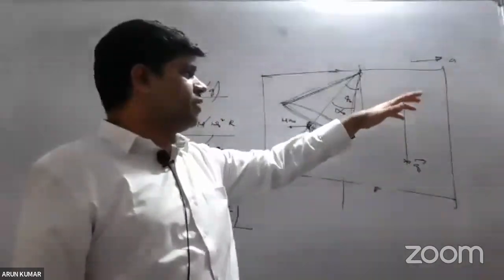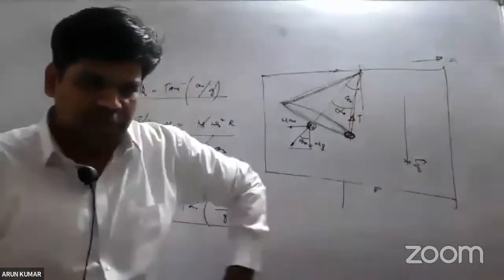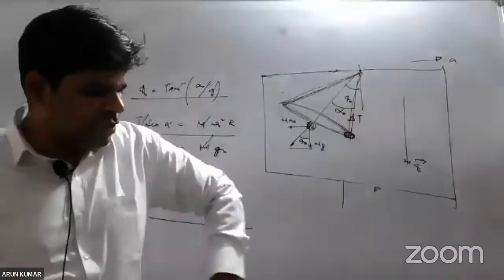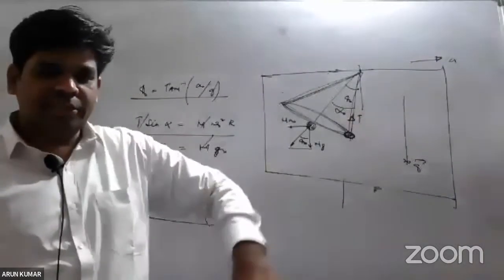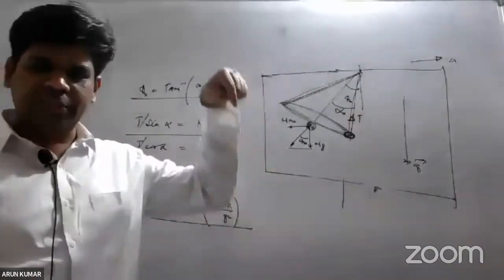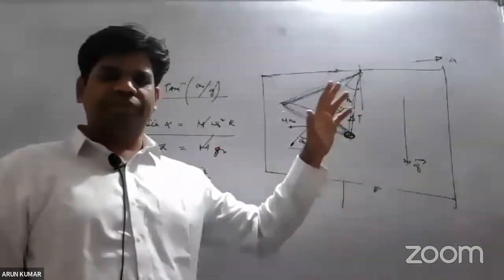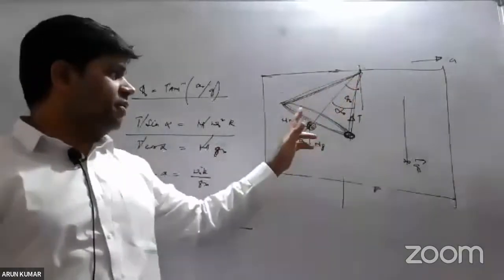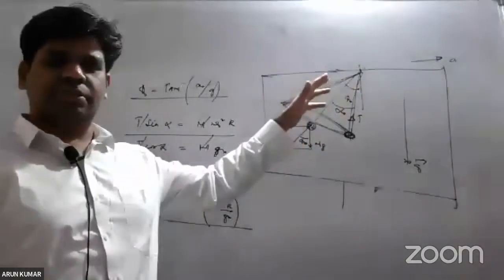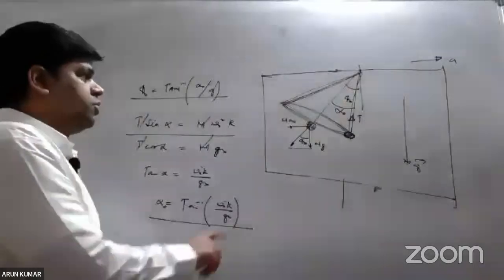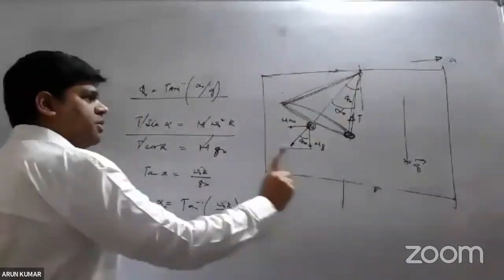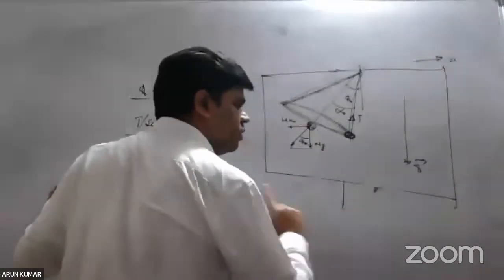When this car is not moving, my conical pendulum's plane of rotation is horizontal, because that's perpendicular to the g effective, which is vertically downwards. But when the car is moving, my g effective is inclined. My plane of rotation will be perpendicular to this direction. So the rotation is like this.